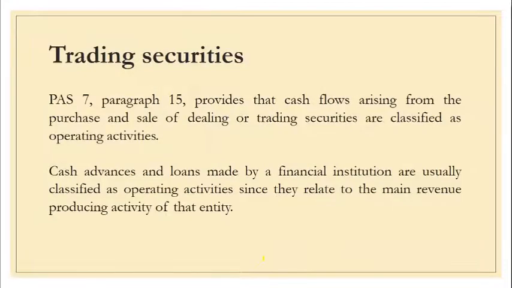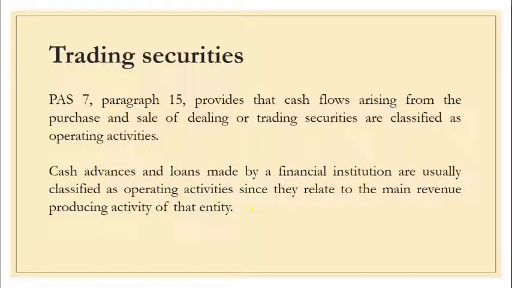Now, when we talk about trading securities, as mentioned in the examples, PAS 7, paragraph 15 provides that cash flows arising from purchase and sale of dealing or trading securities are classified as operating activities. Similarly, cash advances and loans made by a financial institution are usually classified as operating activities since they relate to the main revenue producing activity of the entity.